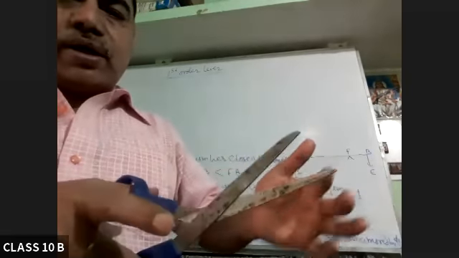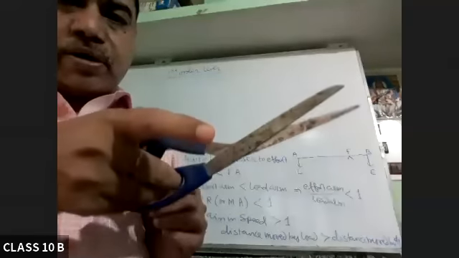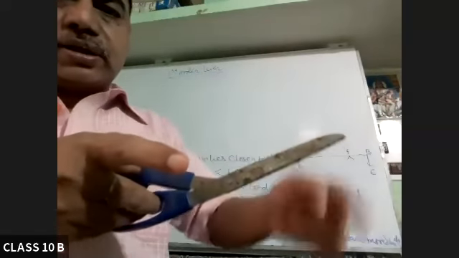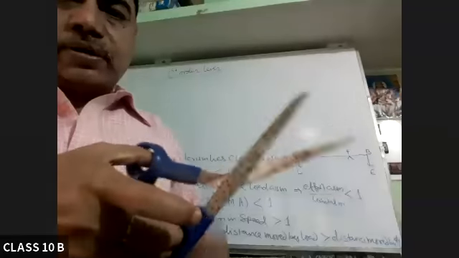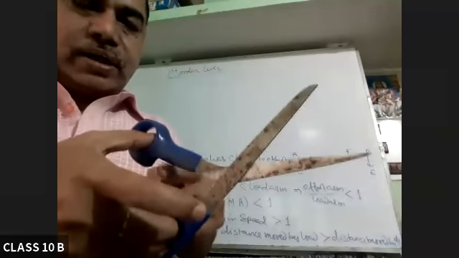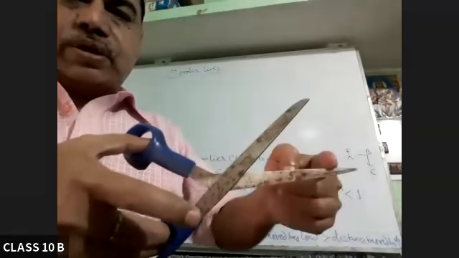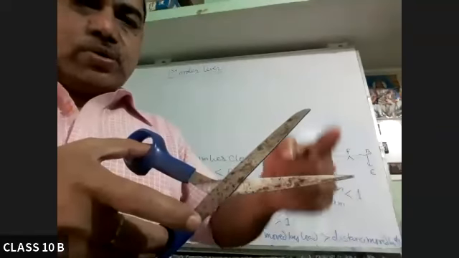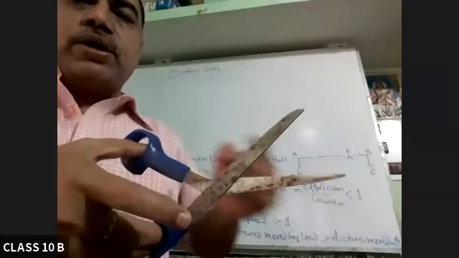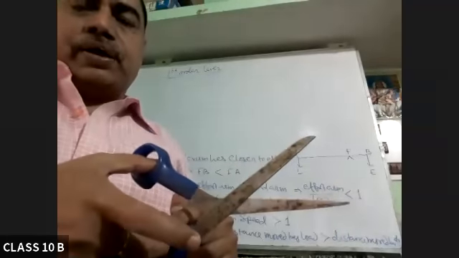So when you move your finger a very small distance, the distance covered will be more. See, when this one is in contact, this is the distance moved. By that time, the load will move from here to here. So in this case, the distance moved by load is much more than the distance moved by effort.